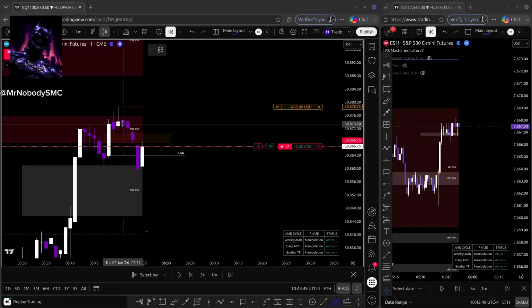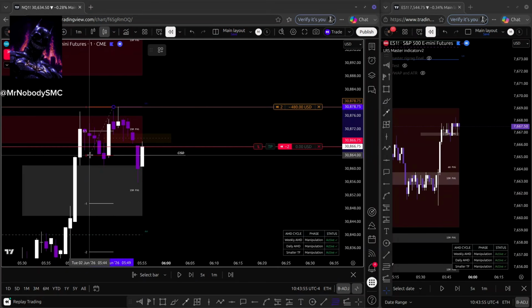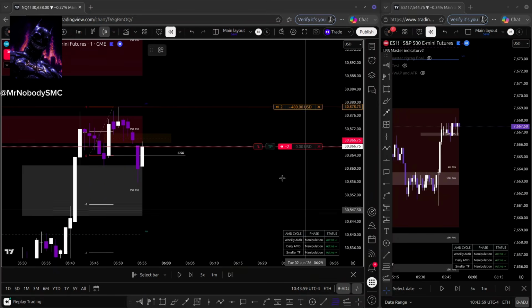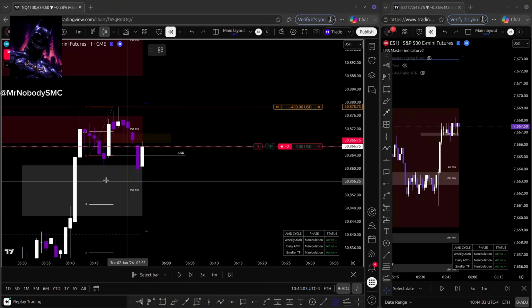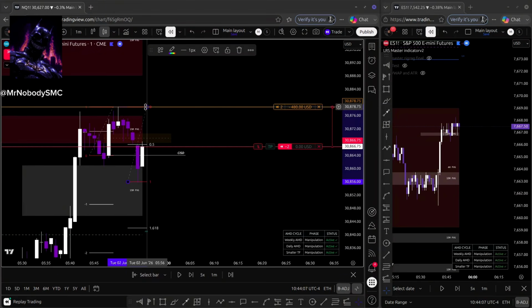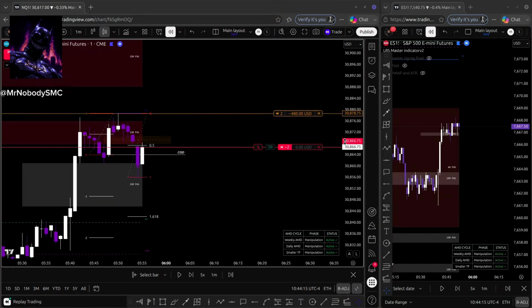If this is my leg of structure, then I'm going to anchor my standard deviation here, and my Fibonacci extension is going to use the same logic. So the major swing high, which now broke opposite structure, to the major swing low, sorry, to the major swing high, which it's about to start the bearish distribution.